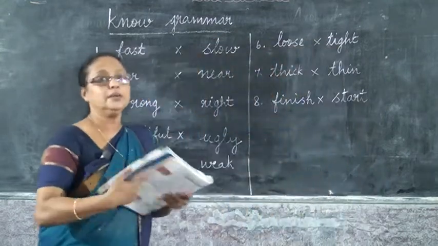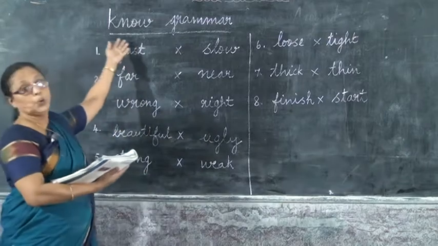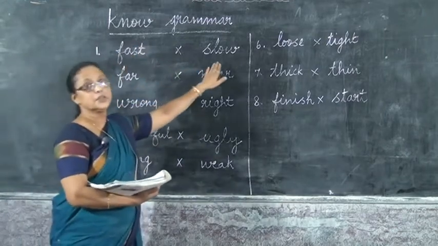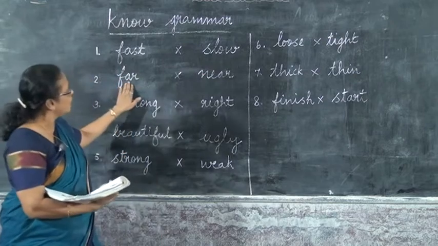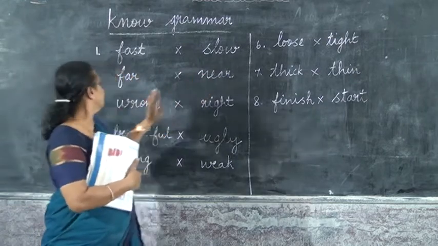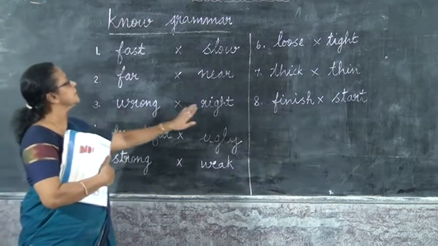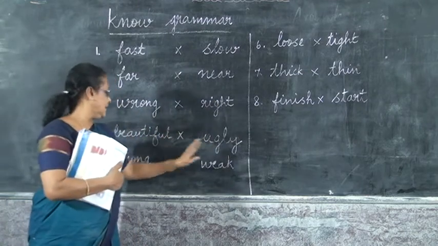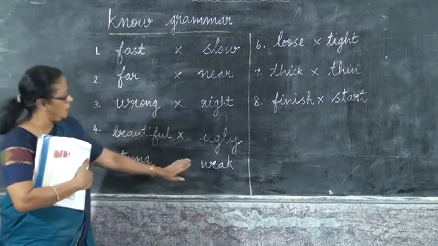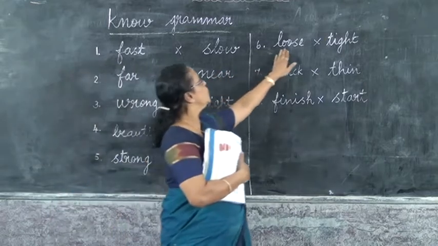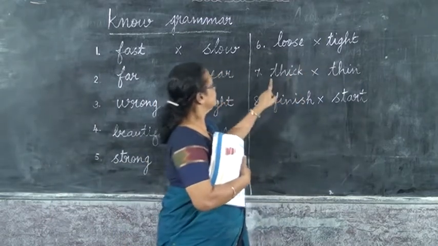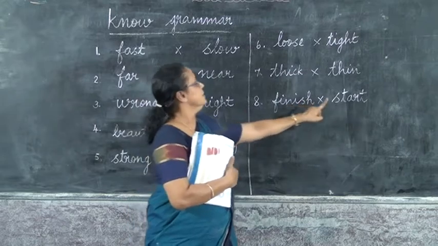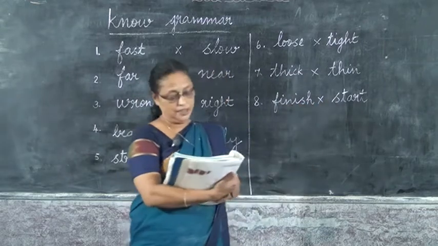We can go through that one more time. Fast, opposite slow. Far, opposite near. Wrong, opposite right. Beautiful, ugly. Strong, weak. Loose, tight. Thick, thin. Finish, start. Okay.